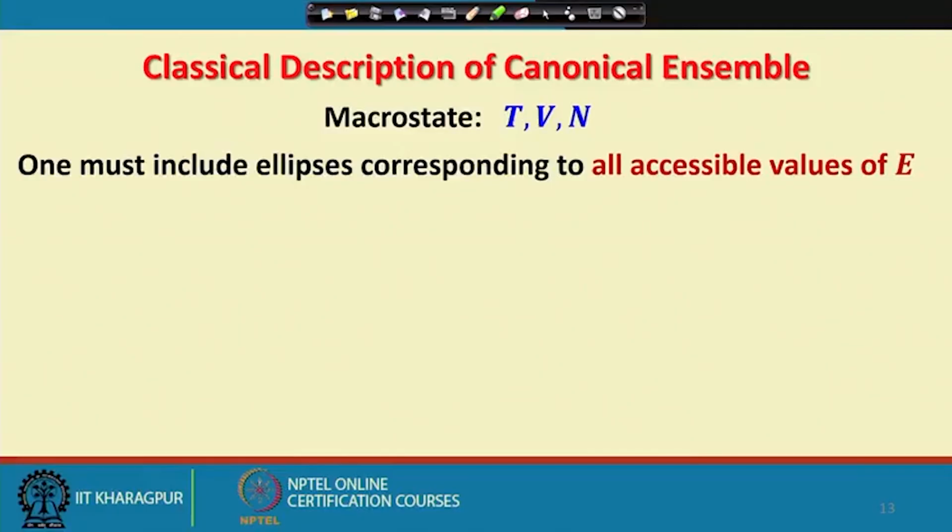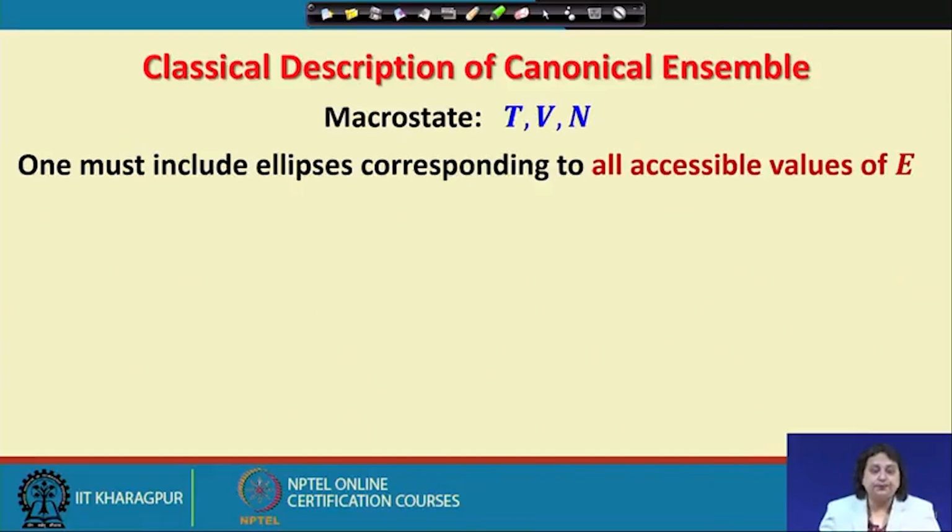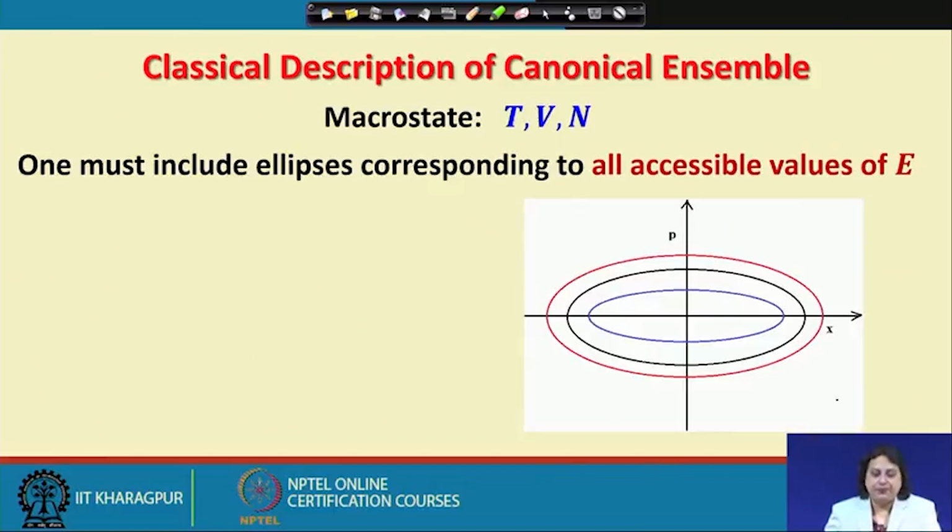So, here if I still talk about the simple harmonic system, a one dimensional simple harmonic oscillator, this oscillator now is connected to a temperature reservoir, and therefore its energy is represented not by one single energy, but to keep the temperature constant, it has a certain range of energy values accessible to the system.